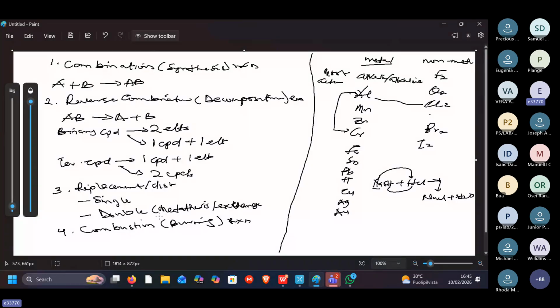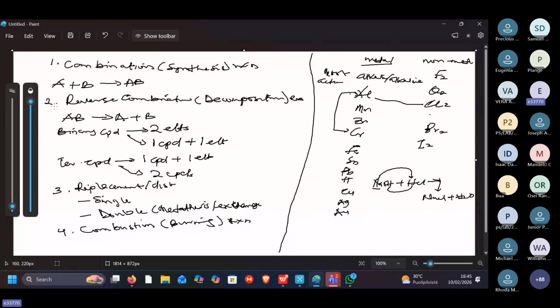If it is an organic compound, we produce carbon dioxide and water. That is for complete combustion. But for incomplete combustion, we are looking at carbon monoxide and water. So that's just what we did.